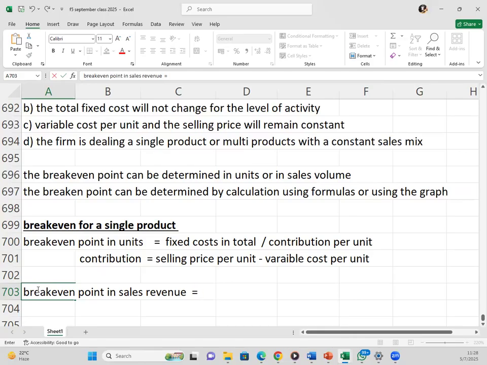The formula then becomes: you can take the break-even point in units you got above, so the break-even point in units times the selling price.